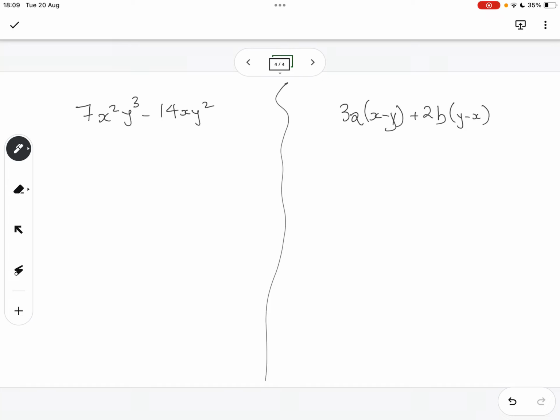So again, these problems, we're going to do them and you're going to see everything that we discussed here. From taking out the factor that's common, to the switch around, which we talked about. And I can tell you because we have switch around here. Can you see? Because in the first bracket, we've got x minus y, and in the other bracket, we've got y minus x. So we're going to have to do a switch around.